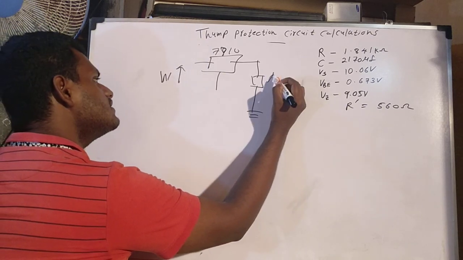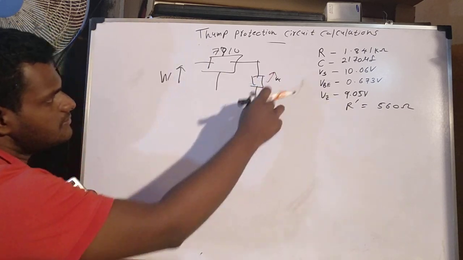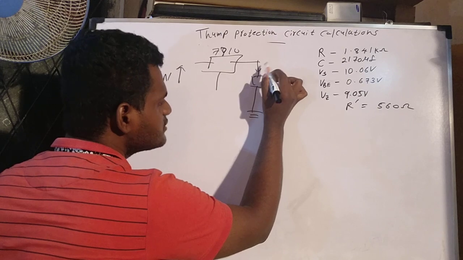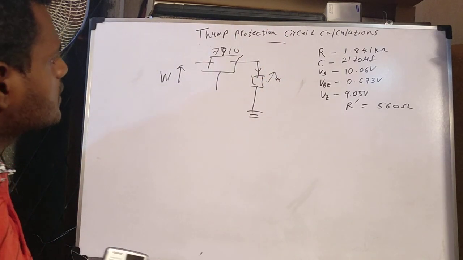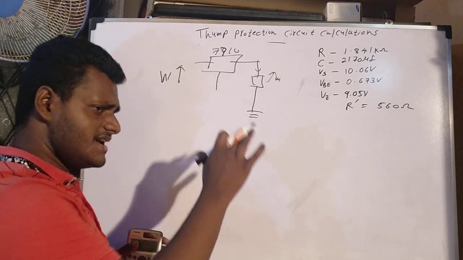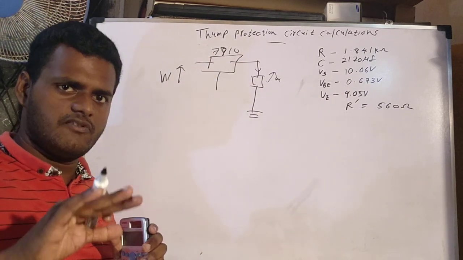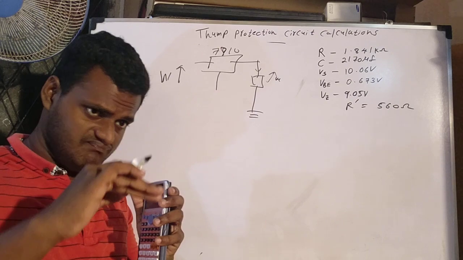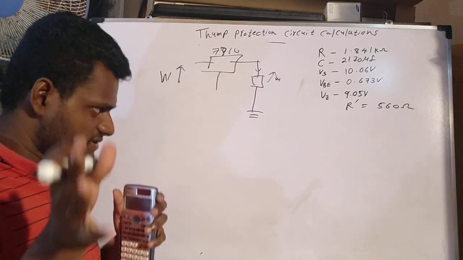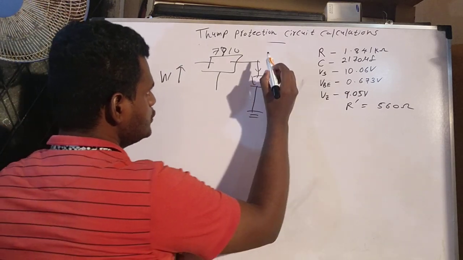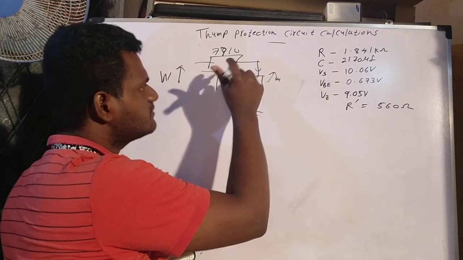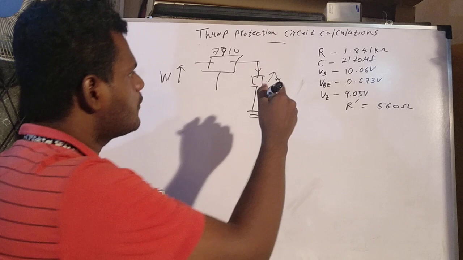If the voltage is increasing across this resistor, then it will conduct more current. So if you design this circuit, you have to check whether that current is enough, whether it is okay, that current flowing through this.